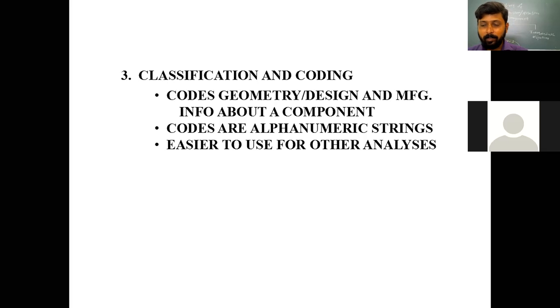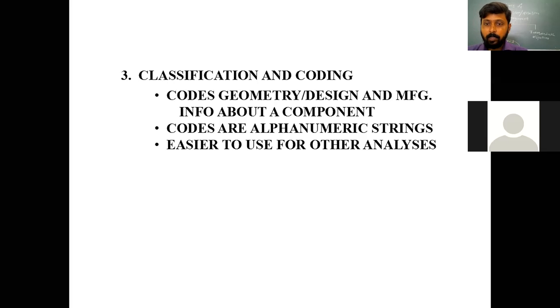But you do not have to invent the coding system now, because the work has already been done and different types of coding systems are available to us, right? But you have to choose the appropriate coding system, and we are going to discuss one type of coding system, called the Opitz coding system. Most industries use this coding system because it has different advantages.